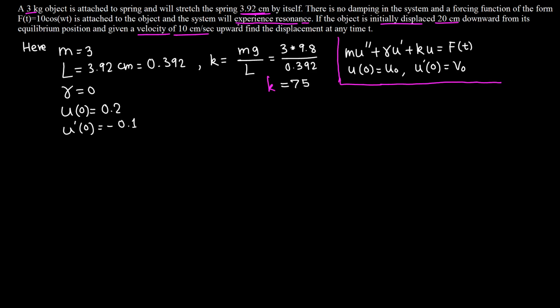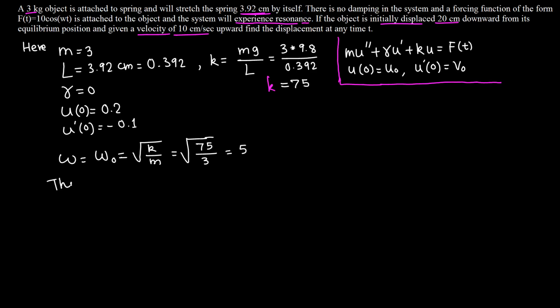So we need to determine this omega, and we know that the system experiences resonance, so omega will be the same as omega naught. Omega naught is given by the formula square root of k over m, and that comes out to be 5.